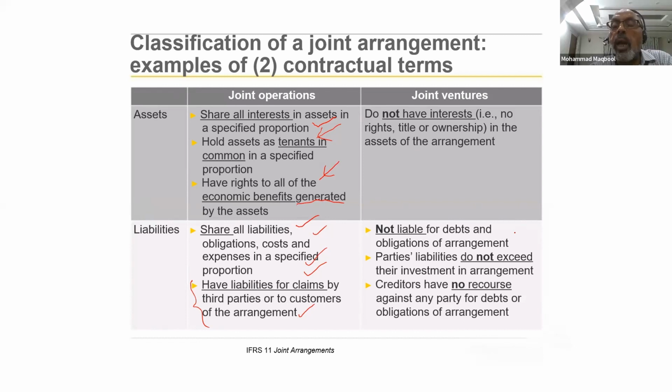Here, in a joint venture, the investor is not liable for the debt obligation of the arrangement. Parties' liability does not exceed their investment in the arrangement, in the limited liability case. Creditors have no recourse against any party for debt or obligation of the arrangement.